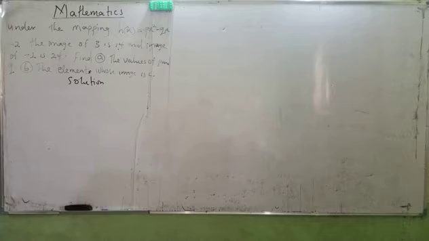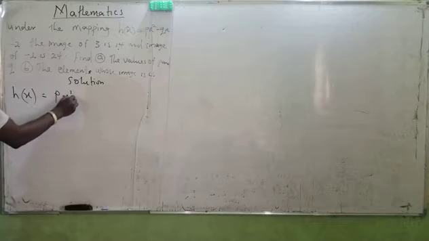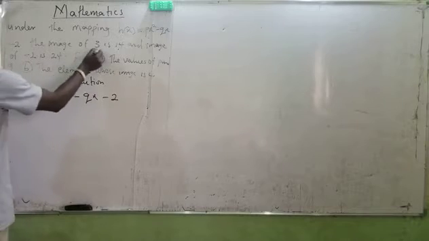Now, how do I solve this? It's a very simple one. My h of x equals px squared minus qx minus 2. Now, you say the image is what?